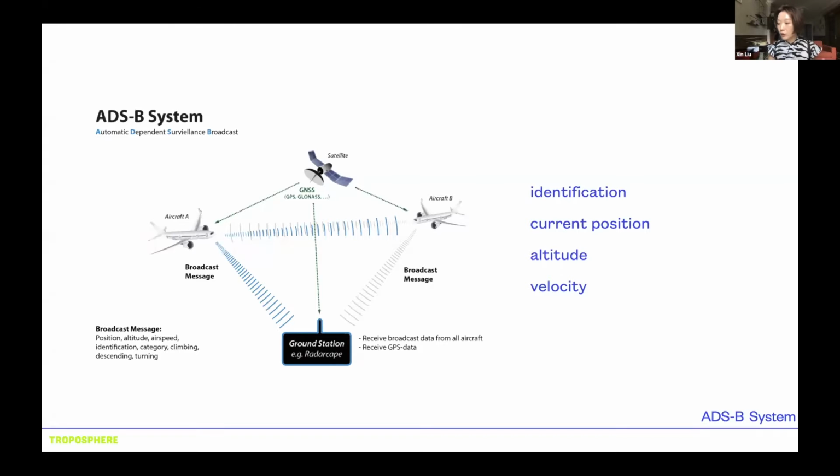The two-way radio transmission I was mentioning is often the ADS-B system, which essentially requires anything that is flying, except private, military, or secretive aircraft, to constantly broadcast your identification, your position, your altitude, your velocity. This information is essential for the infrastructure of airspace, but at the same time, it's semi-public.